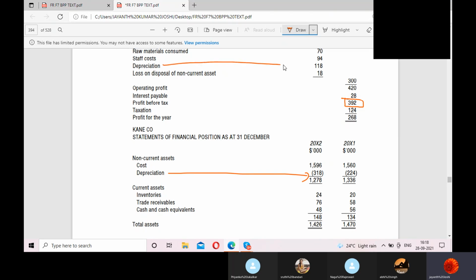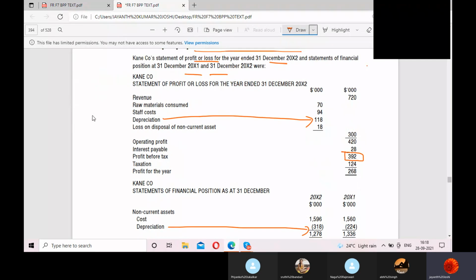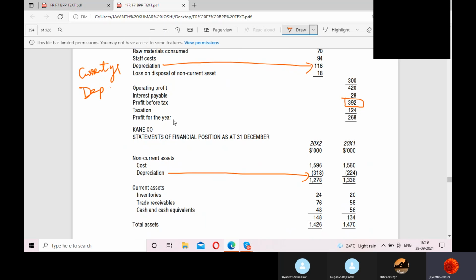As you clearly know, what we show in the statement of profit or loss is the current year depreciation. So we'll take the current year depreciation from the statement of profit or loss, correct?